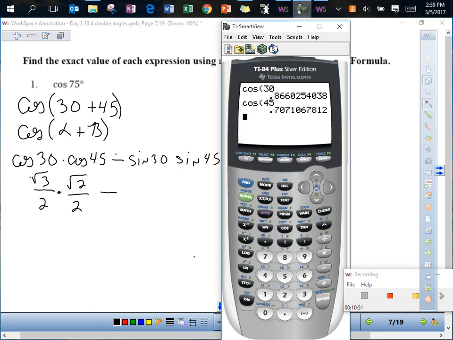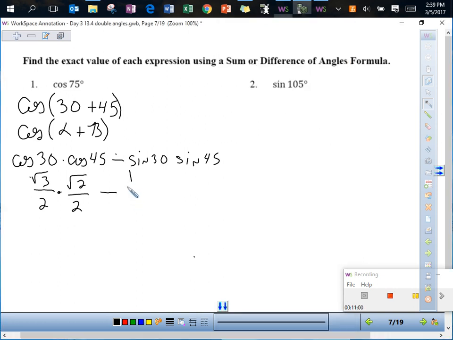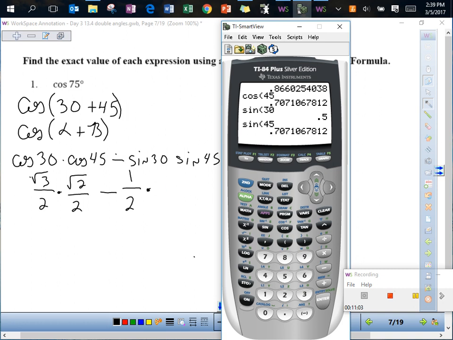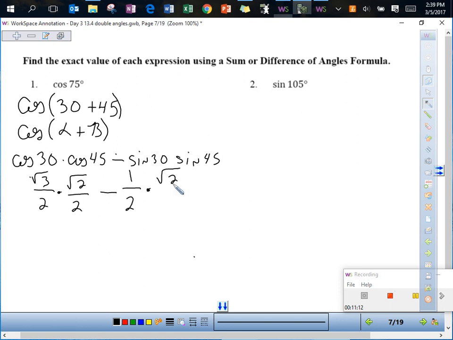And now I need to go sine of 30, 0.5. So I'm going to have minus 1/2 times, now let's go get the last one, sine of 45. After you do this one a few times, you're going to automatically know it's 0.707. So radical 2 over 2. Okay. Now the easy part, guys.